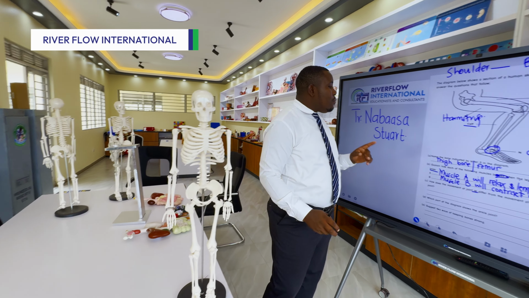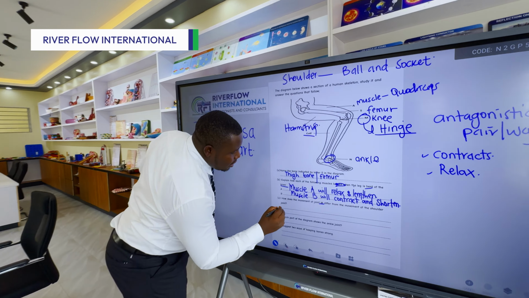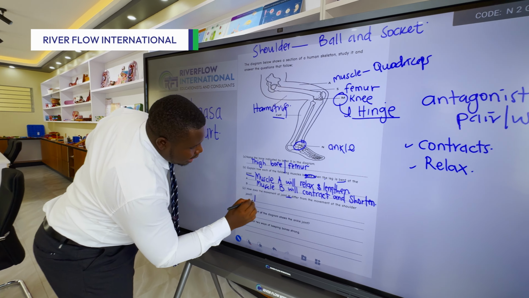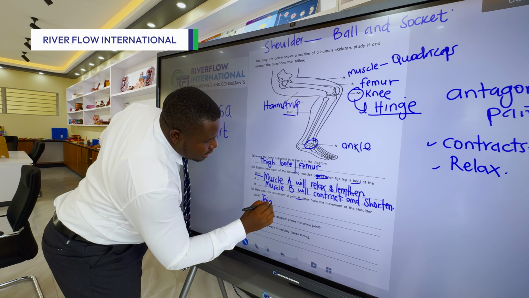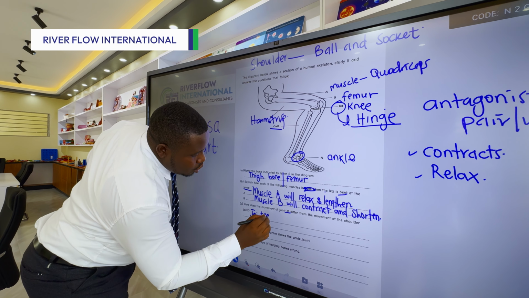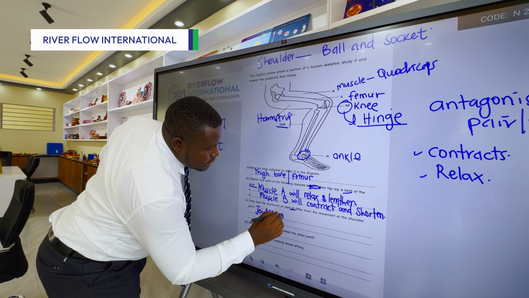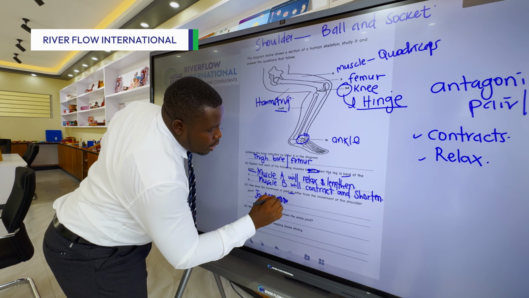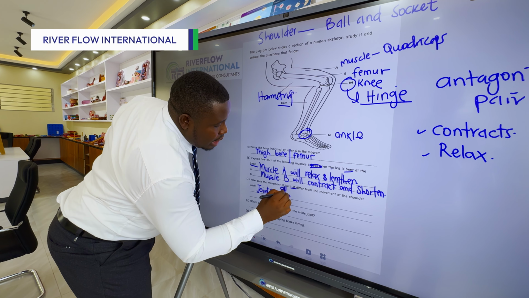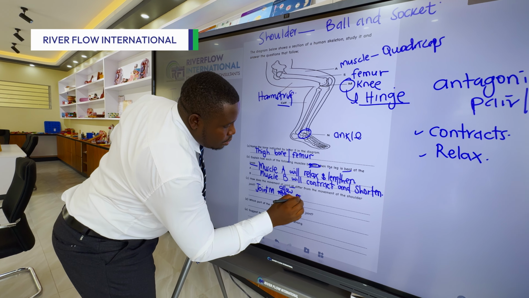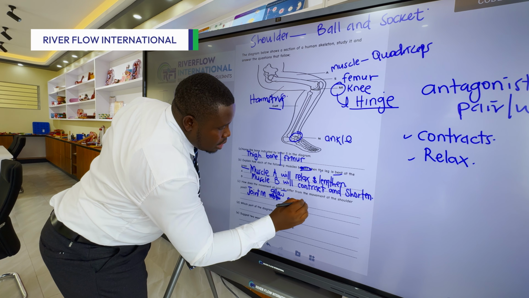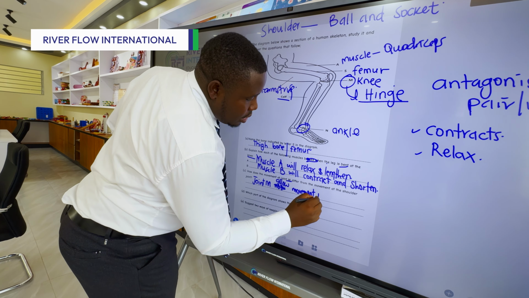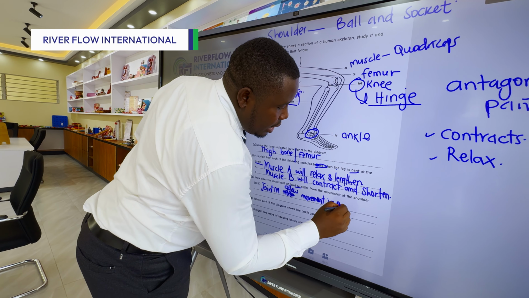So it means that by difference, we are going to say that joint M allows movement in one plane.